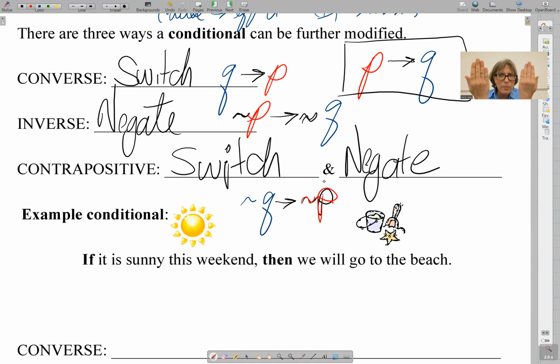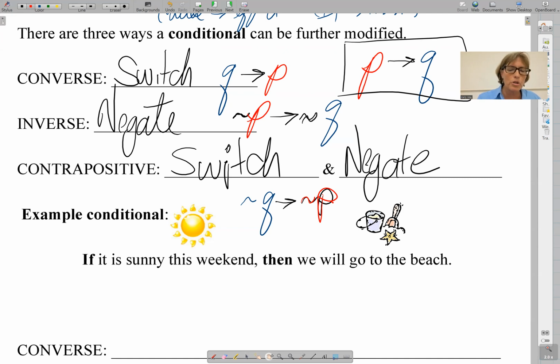Inverse, flip. Back to the conditional. Contrapositive, switch and flip. Now you've probably thought your teacher has just about lost her mind, with these wonky hand signals. It's going to help, I promise.